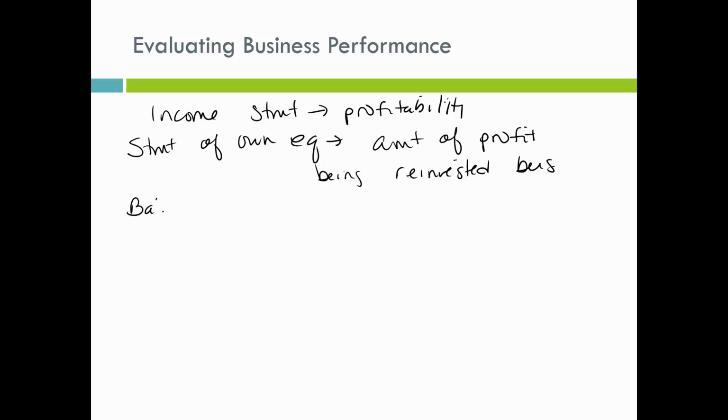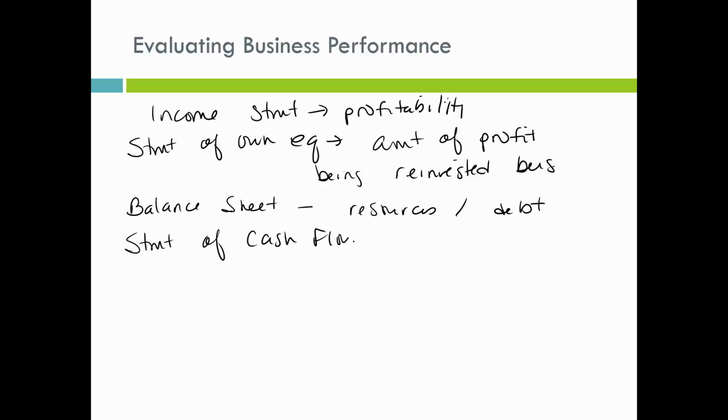The balance sheet shows me the resources that the business has. It also shows me the amount of debt that the business has. And the statement of cash flows, which we didn't really talk about, shows me changes in cash.